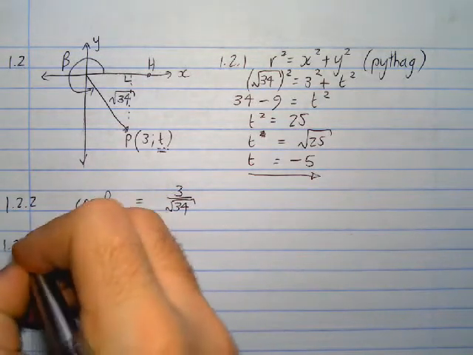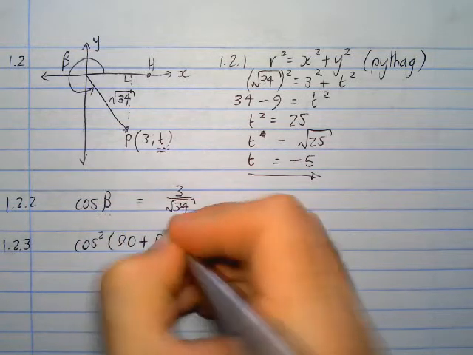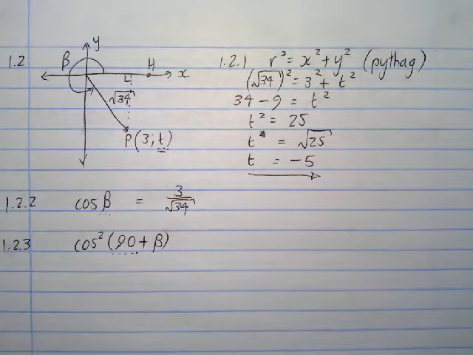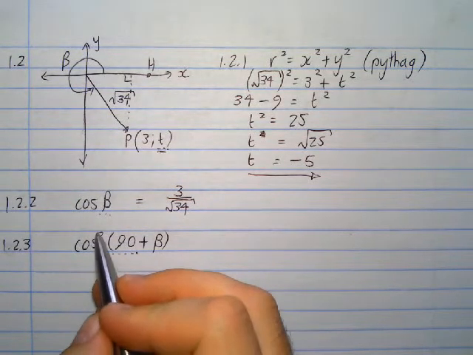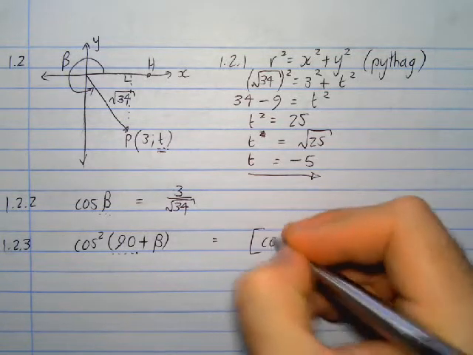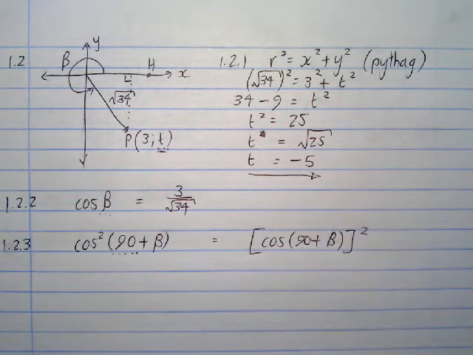In 1.2.3, you are given cos squared of (90 plus beta). Remember I said just now that 90 plus is a co-ratio. So cos squared of (90 plus beta), you could see it as cos of (90 plus beta) all squared.